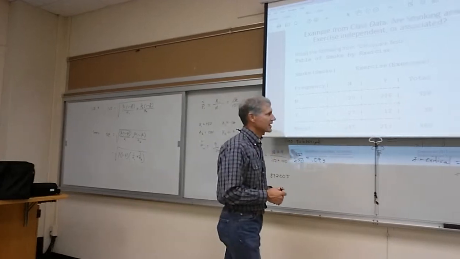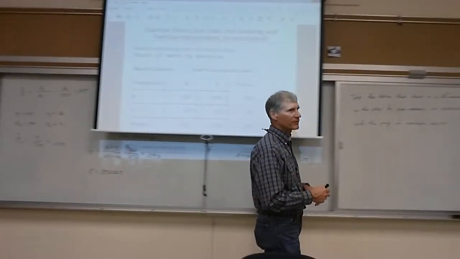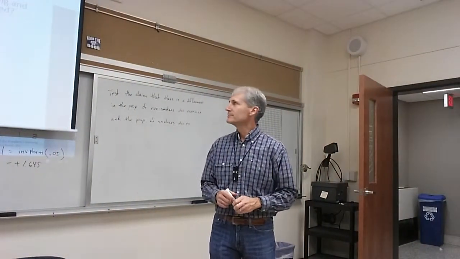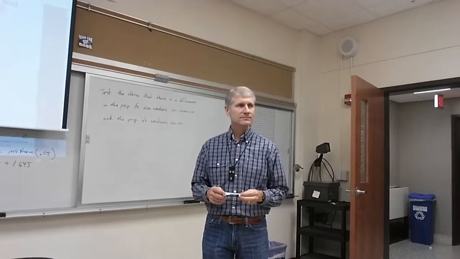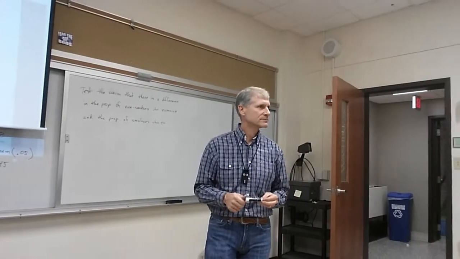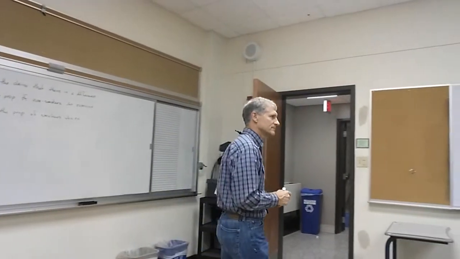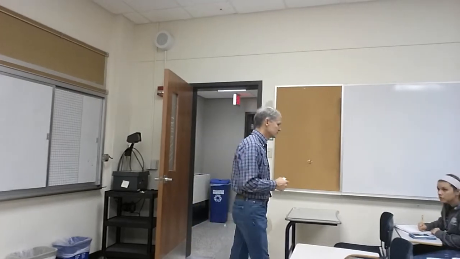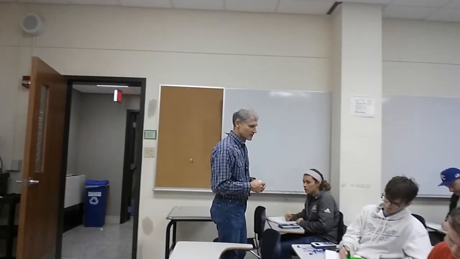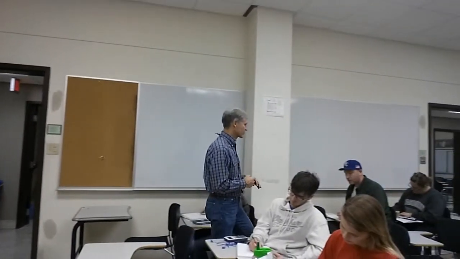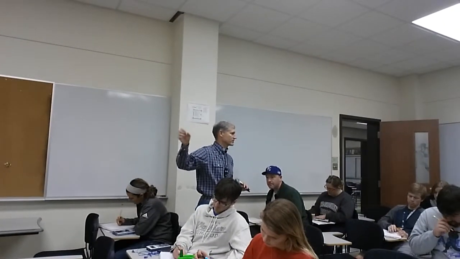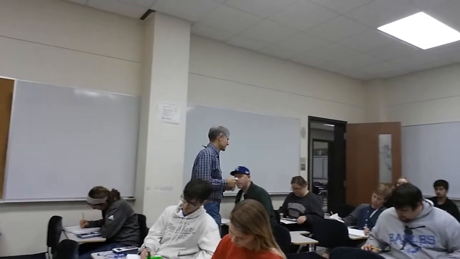And I'll come around and check on you as you're going. So if you have a question or you get stumped, just call me over. These slides will be posted so you don't have to scribble everything down here into your notes. You can get this later. Just get to working on it.